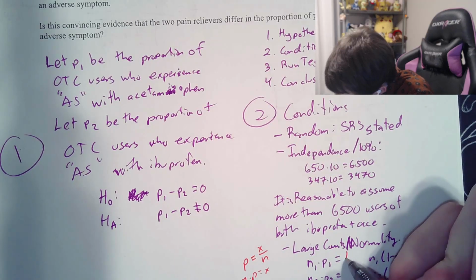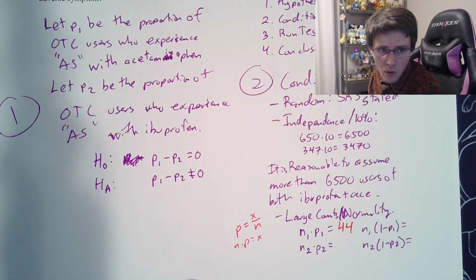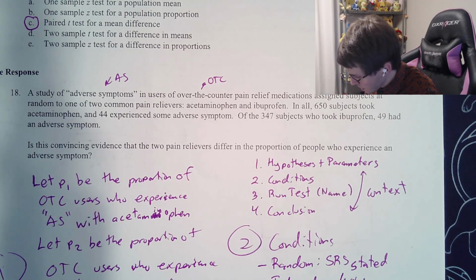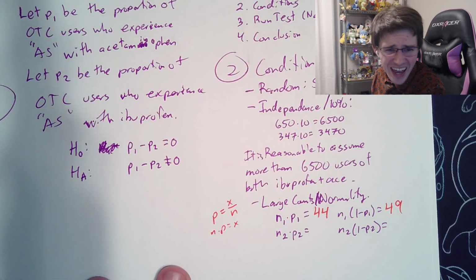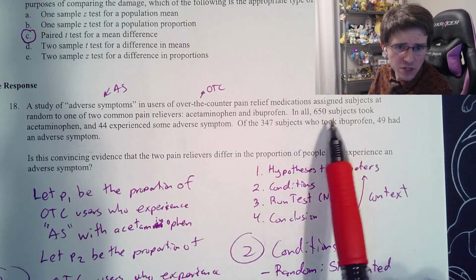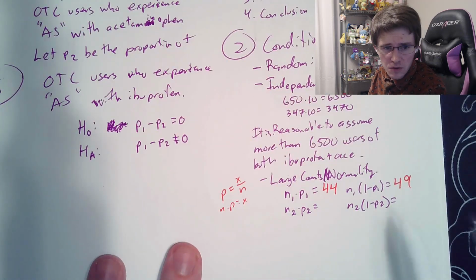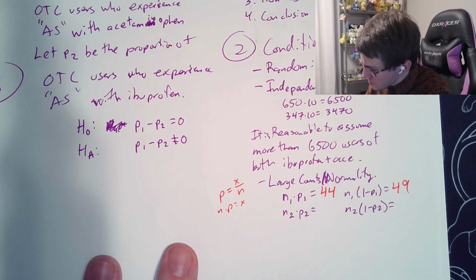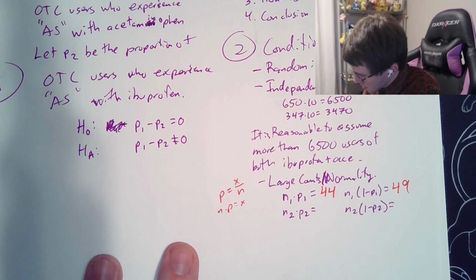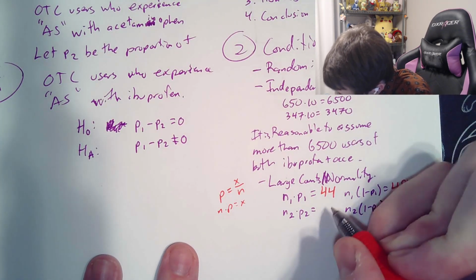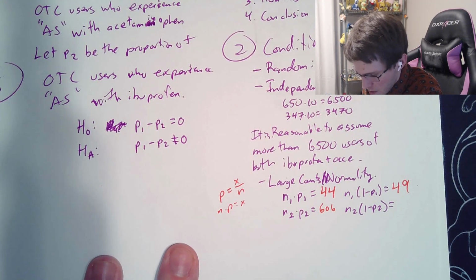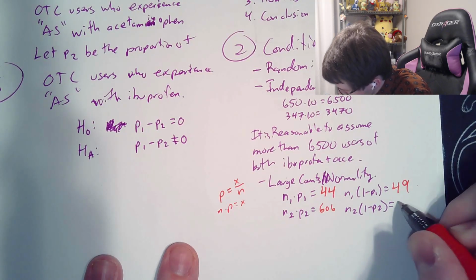So that is 44 right away. Likewise, the other one is 49 right away. Then they have to total up to the total of the situation. So 650 minus 44 is 606, and 347 minus 49 is 298.